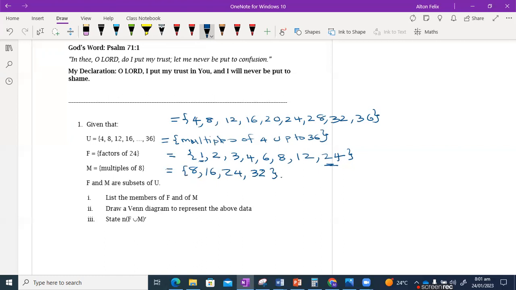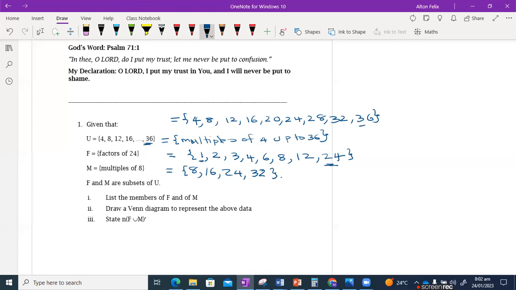That they belong inside of that set U, and therefore the numbers that we write, for example, for M, multiples of 8, cannot exceed the last number here, 36. So we could not have continued and written 40, because of course 40 will not be a member of set U, seeing that U goes all the way up until 36.